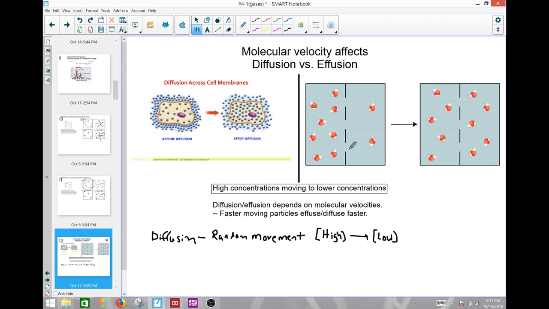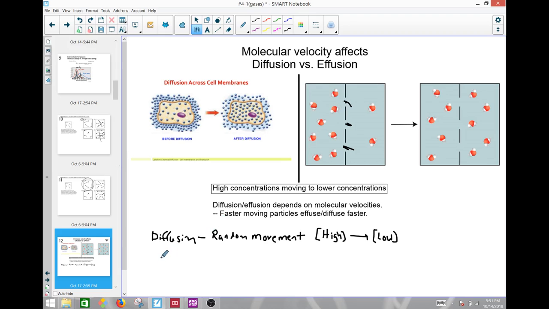Both of these pictures above here are examples of diffusion. So this same thing can occur through gaps, whether in a membrane or in a cell, called effusion.